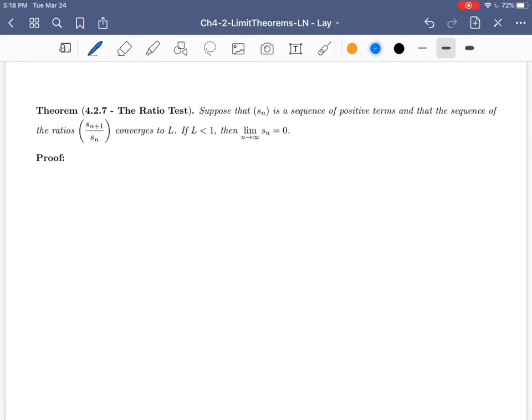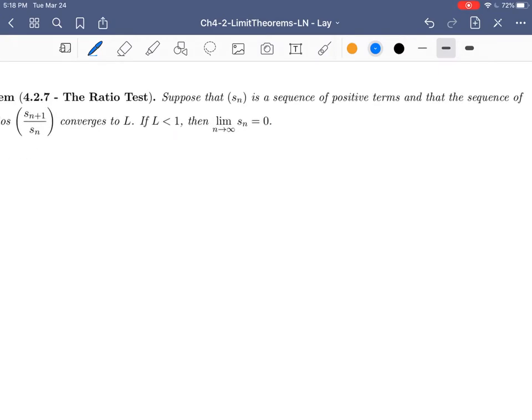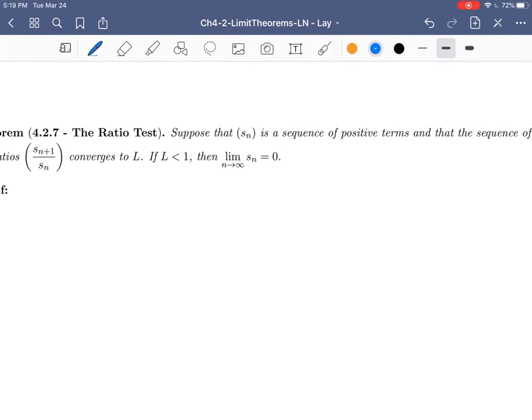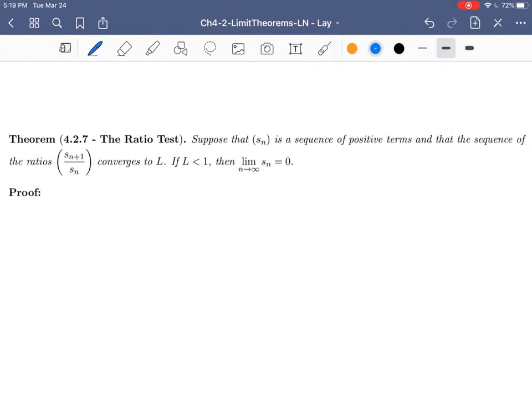This video is going to take some time to walk through and prove the ratio test. Let's first remember what the ratio test says from our calculus days.